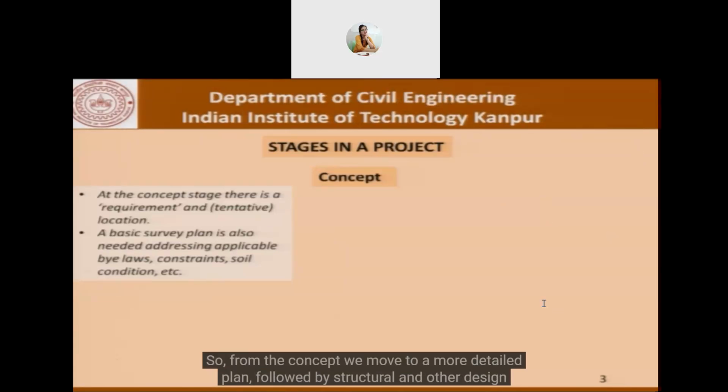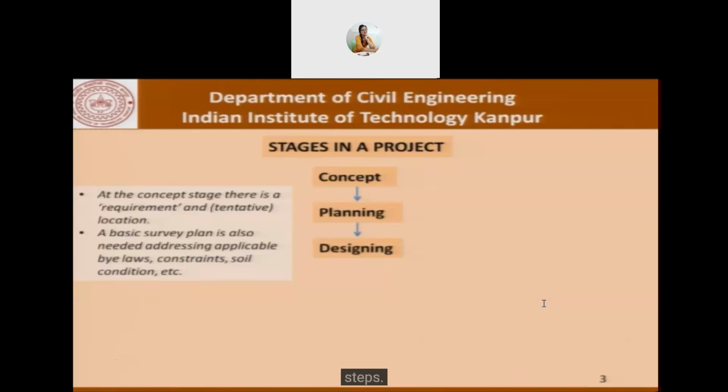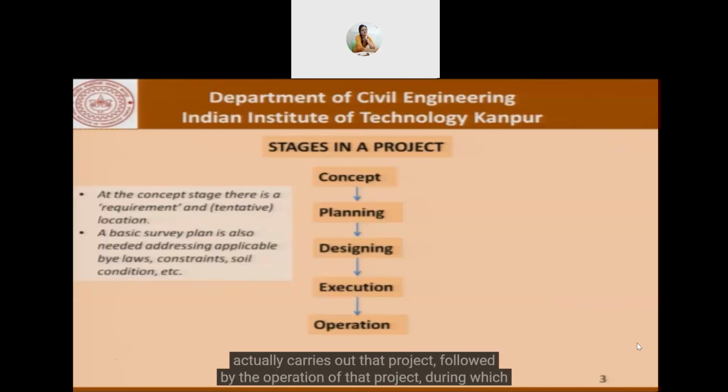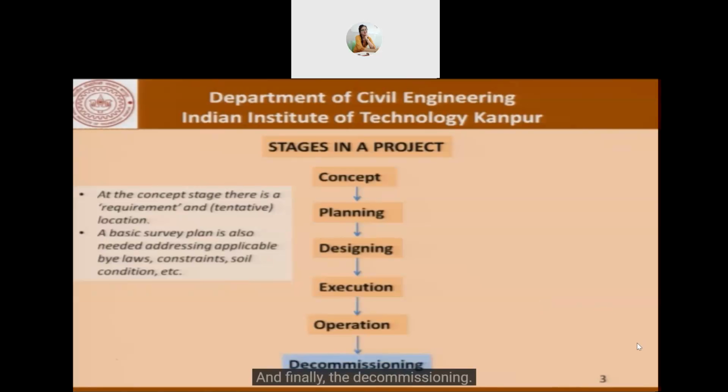So from the concept, we move to a more detailed plan, followed by structural and other design steps. These design steps are followed by an execution phase, where a contractor or another agency actually carries out that project, followed by the operation of that project, during which we are mostly concerned with the maintenance and operation of that, and finally the decommissioning.